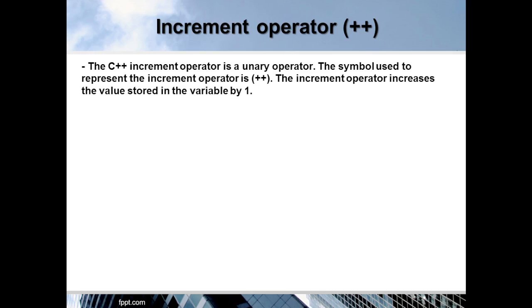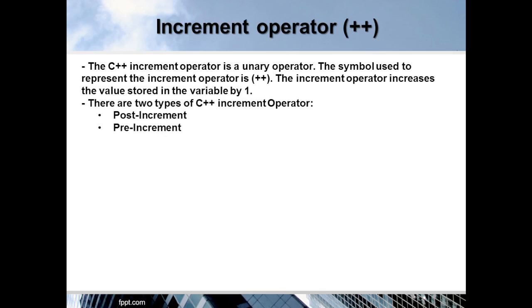Okay. يعني تطبق على variable واحدة وليس على اثنين. So the symbol used to represent the increment operator is plus plus. The increment operator increases the value stored in the variable by 1. يعني ما الذي يقوم به العملية plus plus؟ فتقوم بإضافة واحد للمتغير المقصود.